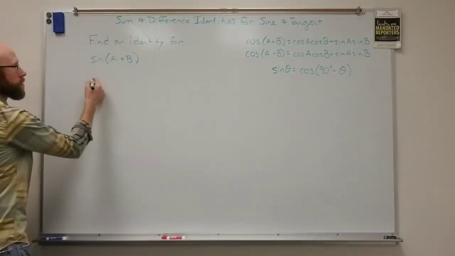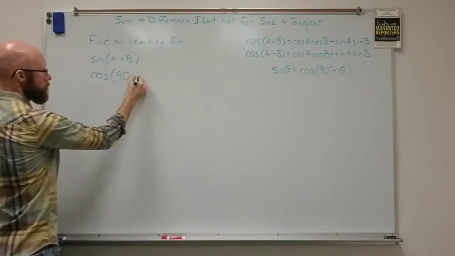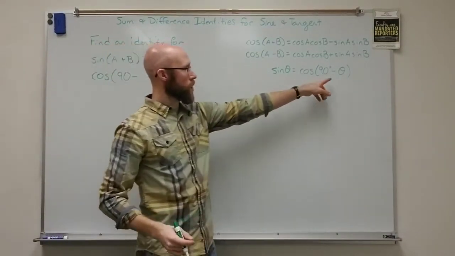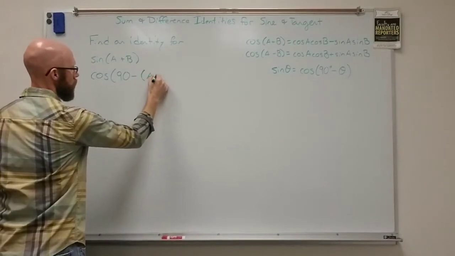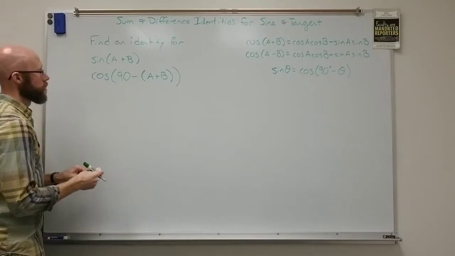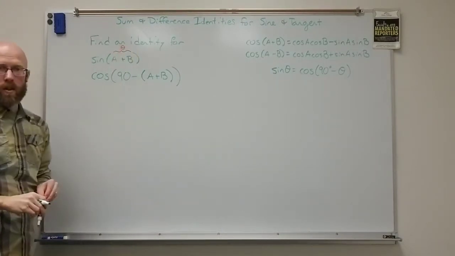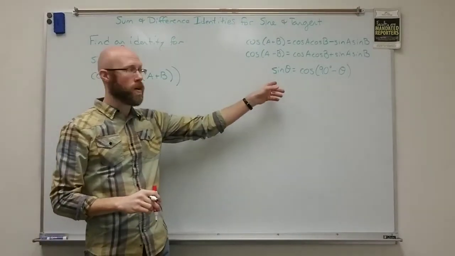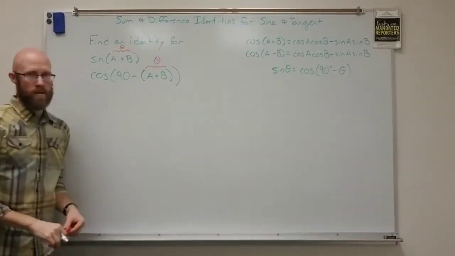So using the cofunction identity, we would say that that is the cosine of 90 minus, well, instead of theta, let's use a plus b. So this expression, a plus b, is really the theta in the cofunction identity. So here, we also have theta.